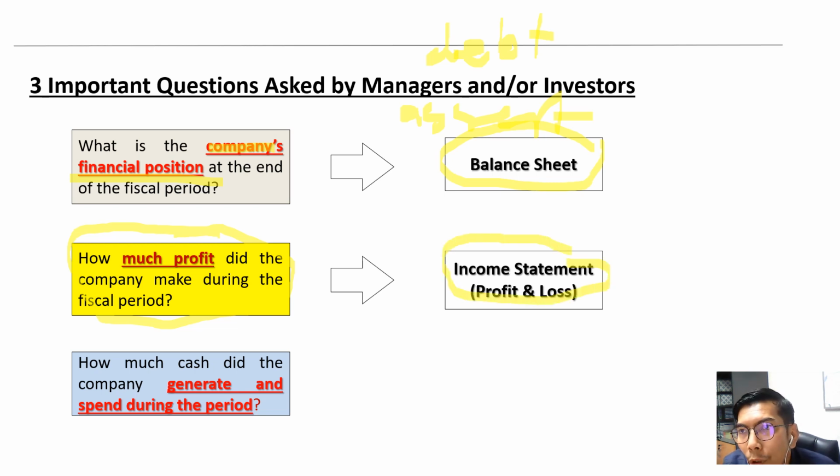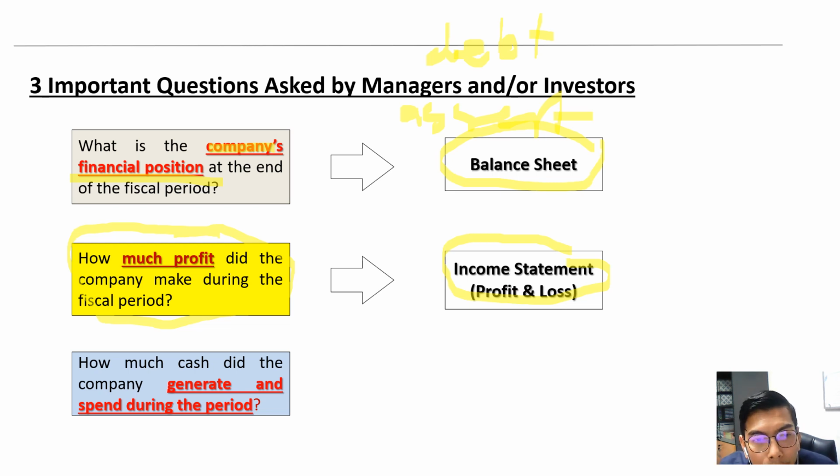We show the profit, if any, or the loss that we make throughout the year, from our sales, our revenue, our operating expenses, and then we minus the taxes and so on. Then we get our net profit.